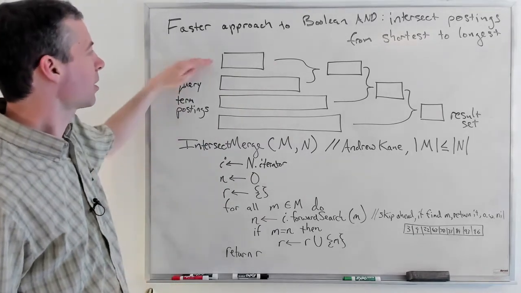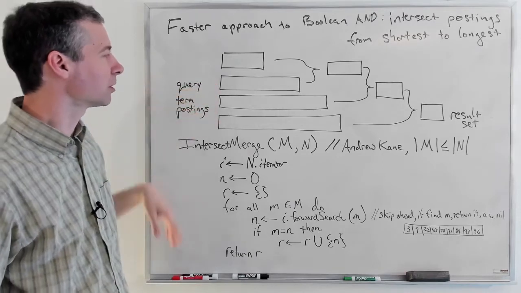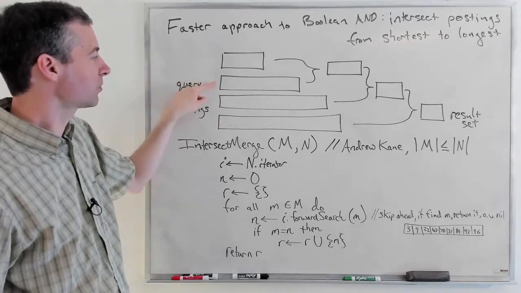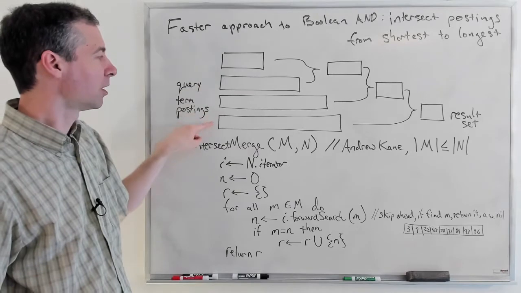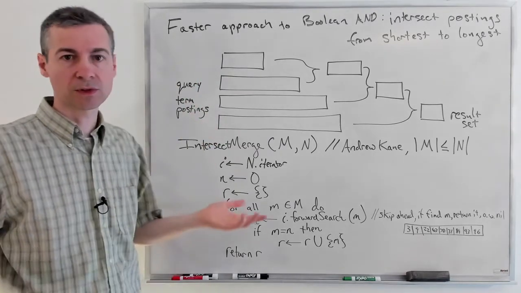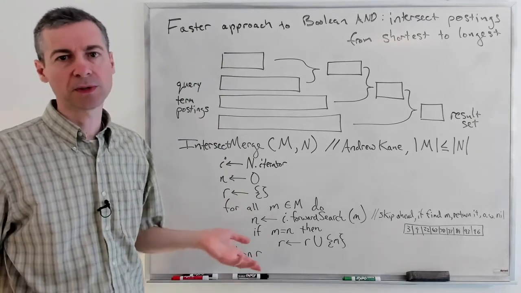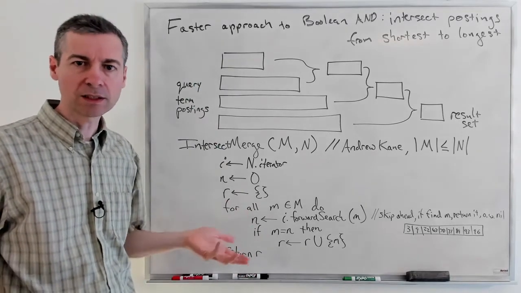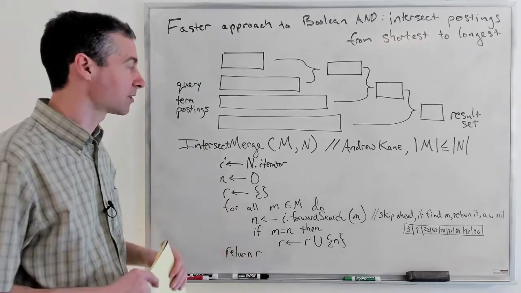So again, let's say we had 4 words in our query. These are the postings for each of them, and we'll order them by their length from the shortest to the longest. And of course, since we've simply put the postings in an array, we easily know their size.